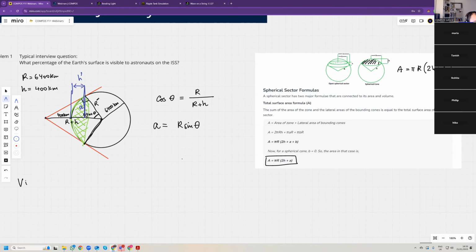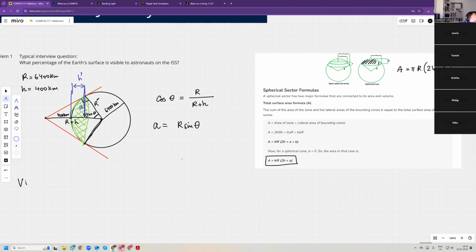So the visible area, A visible, equals pi r multiplied by 2h dash, so 2r minus 2r cos theta, plus a, which is r sine theta. And we can find cos theta.